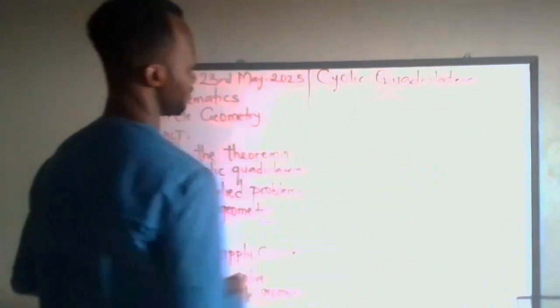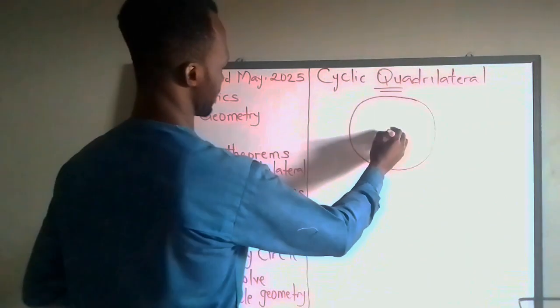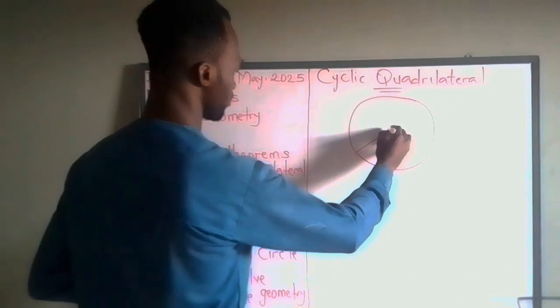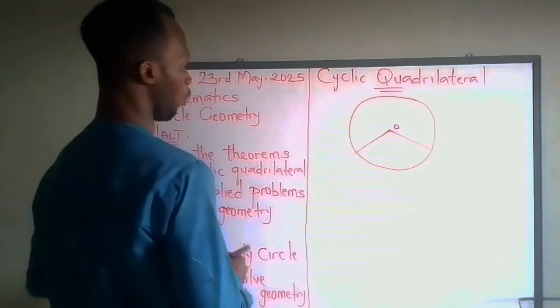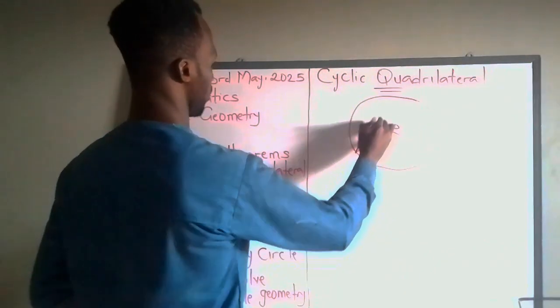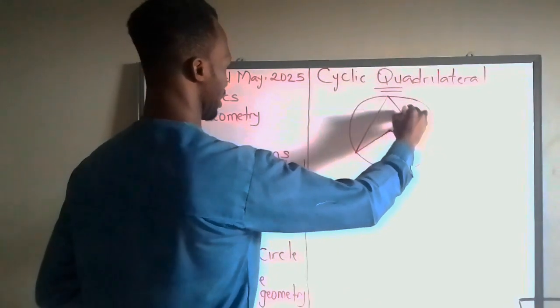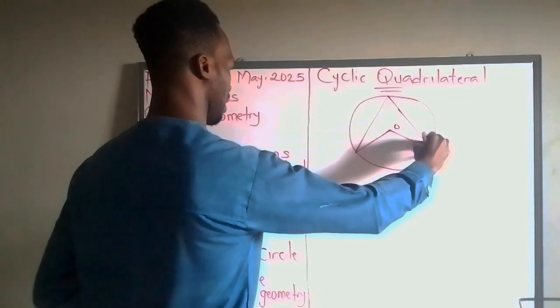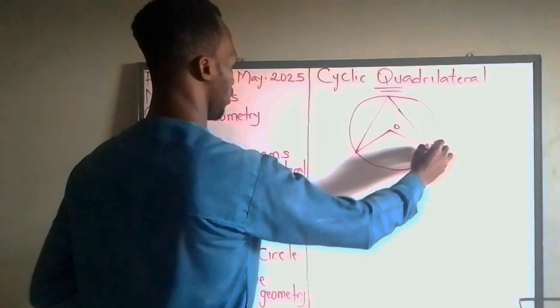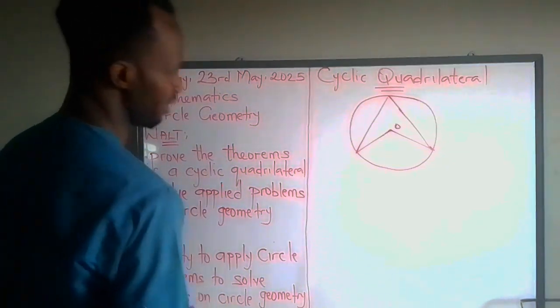So here we have a circle, this is the center of the circle O. Let's draw a cyclic quadrilateral. Don't forget, again, a quadrilateral is a shape that is bounded by 4 sides.